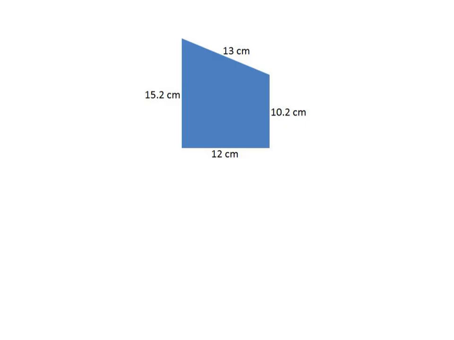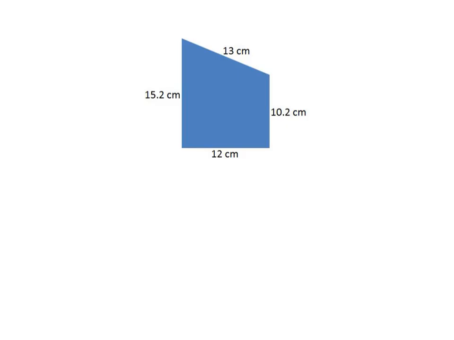All right, here is another trapezoid. Go ahead, pause your video. I want you to identify the height and the two bases, and then restart the video to see if you got that part of it right. Welcome back from pausing the video. Let's identify our two bases first, because our two bases are the parallel sides.